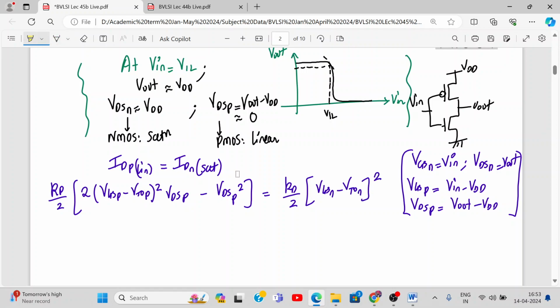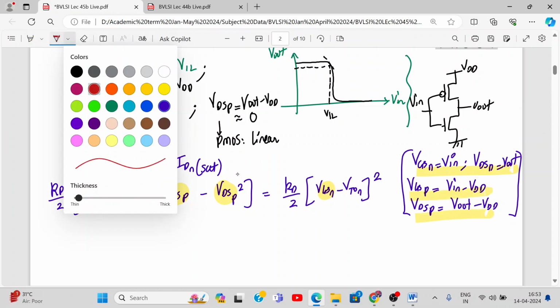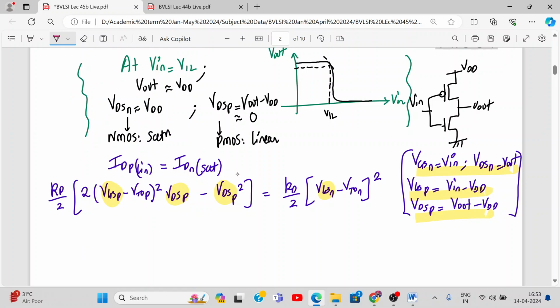Now, wherever you see these terms, VGSP, VDSP, you have to replace them with the formulas we have used over here. If you do that, you will arrive at the equation which we are ready to solve. So this 2 and 2 will get cancelled, and we substitute Kr equal to Kn by Kp. So Kr will go over here.